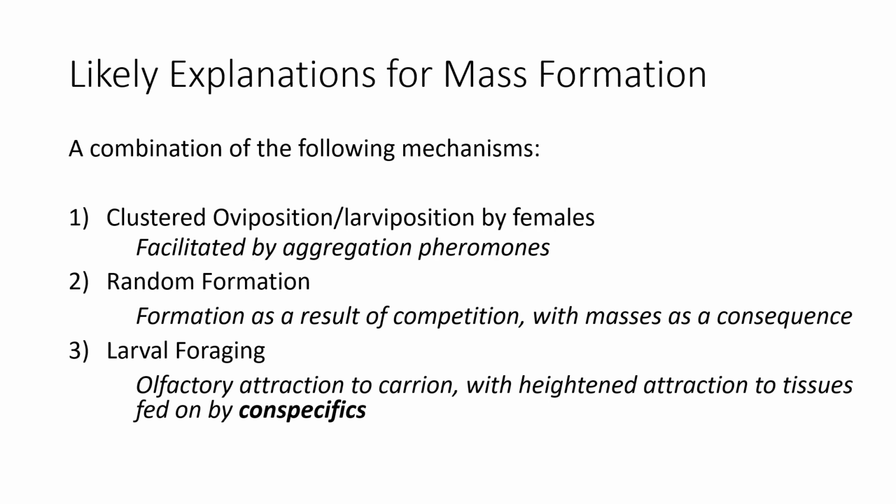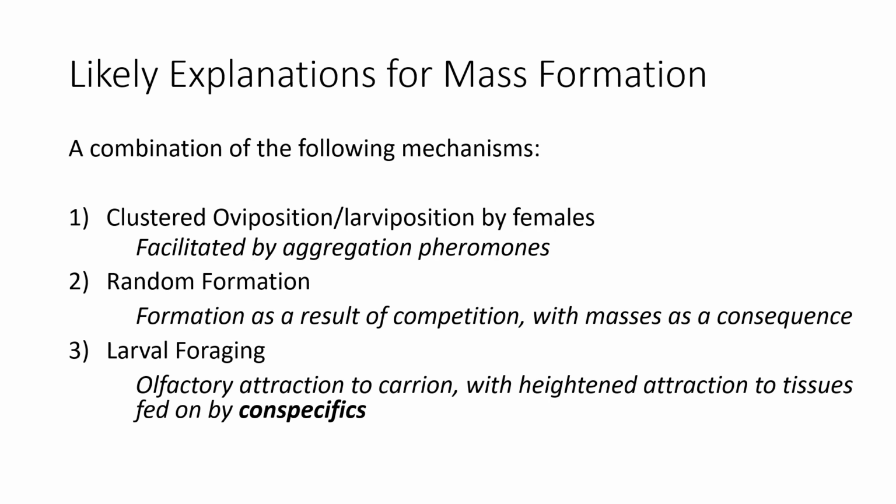So a combination of the following is what is currently hypothesized as why we have mass formation. So again, it's that clustered oviposition or larvoposition. Then this would be facilitated by pheromones, so aggregation by adult females to lay and oviposit in that area.